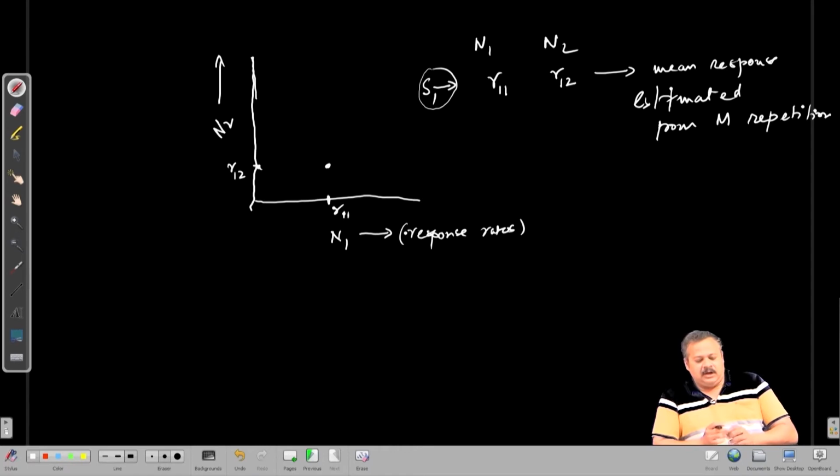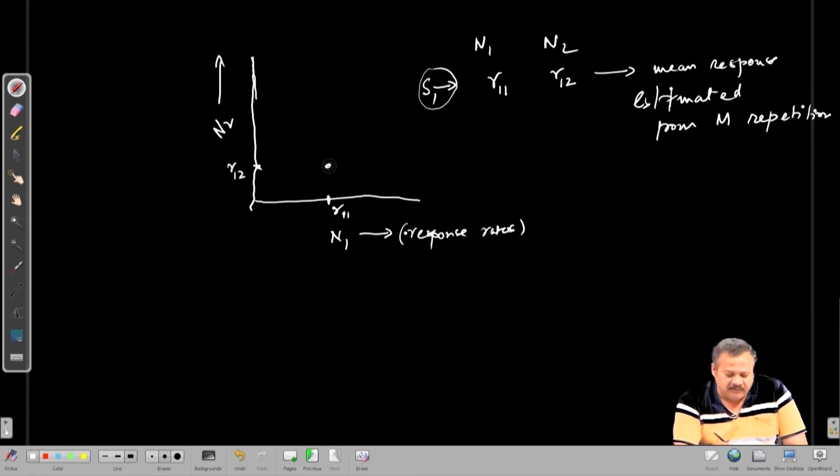Now, if we were to consider the capital M repetitions of the responses, and represent each of those M repetitions as a trial on the same plane, they would be scattered around this particular mean value of R11 and R12.